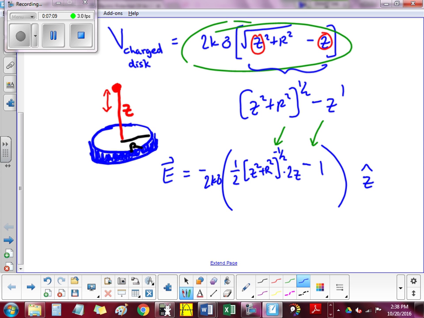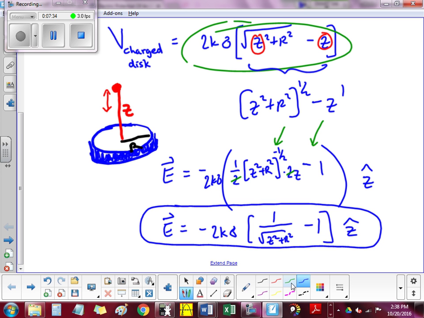Okay, now you'll notice something. This 2 cancels out, and we end up with this answer. The E field is 2kσ times (1 minus z over the square root of z squared plus R squared), and it's in the z direction.